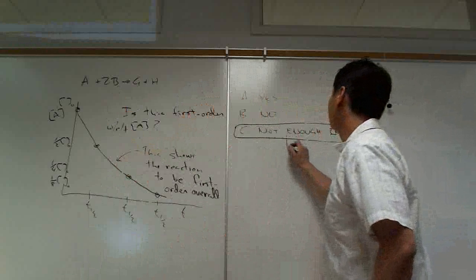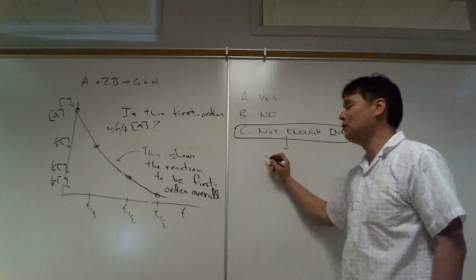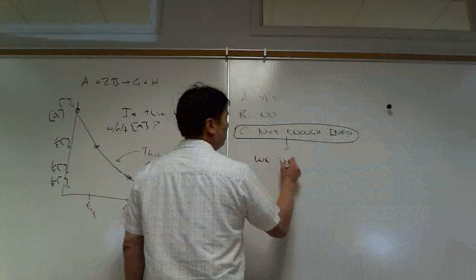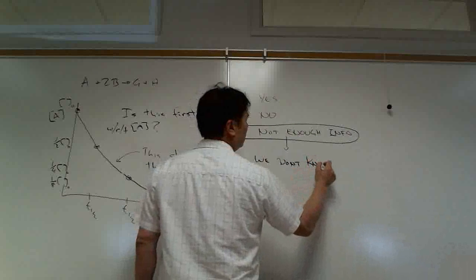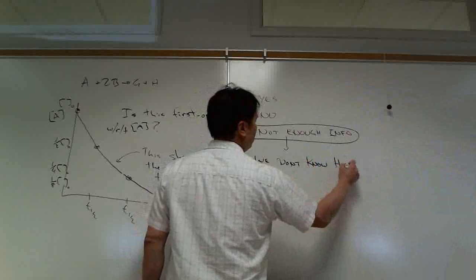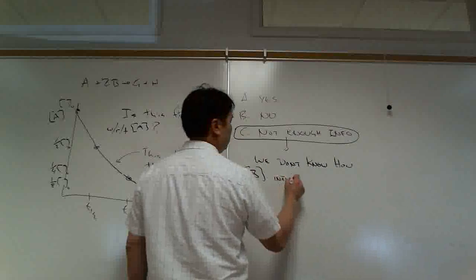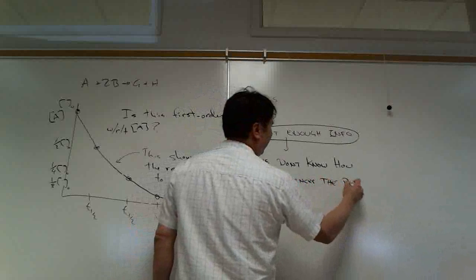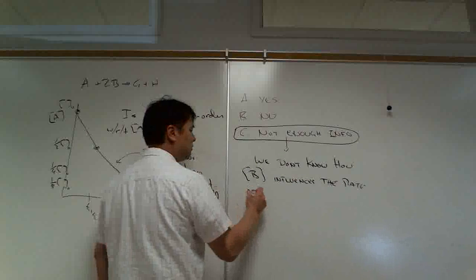And so we have to look at the impact of B. The reason there's not enough info is because we don't know how B influences the rate of reaction. We don't know how the concentration of B influences the rate of reaction.